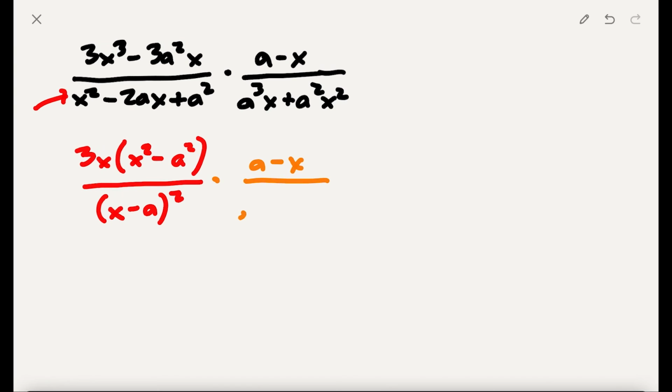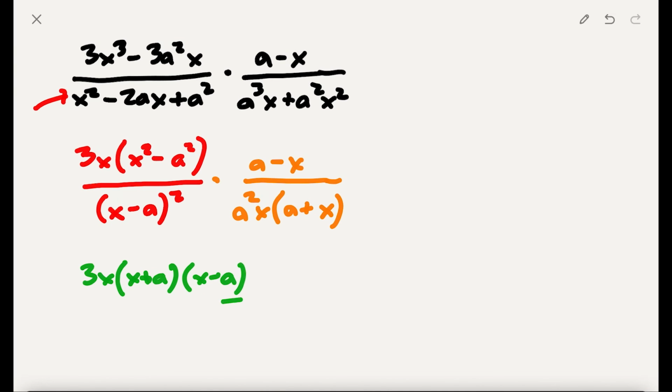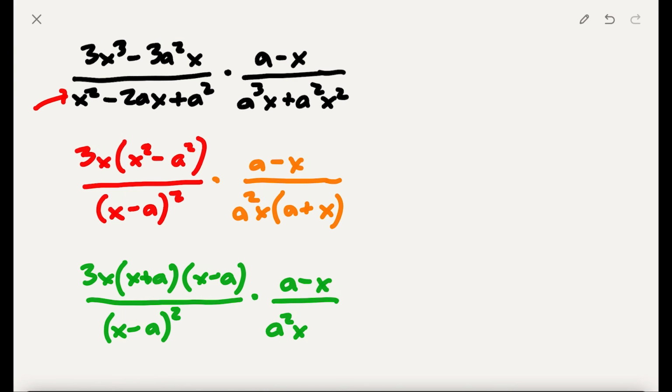And I'm going to factor out an a squared x from this here, and you're going to get a plus x. Okay, from here I'm going to simplify some stuff a little bit further. So that numerator is going to be 3x times x plus a times x minus a, all divided by x minus a squared times a minus x all over a squared x times the quantity a plus x.